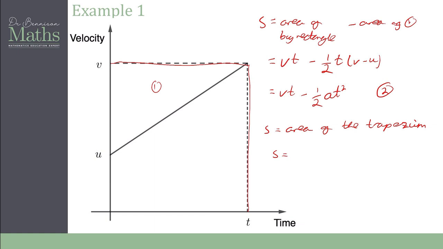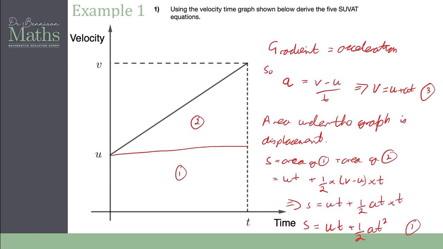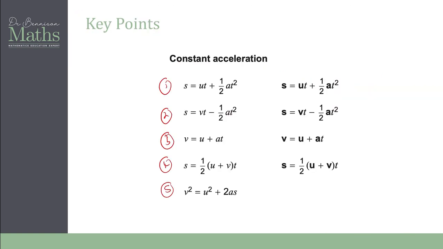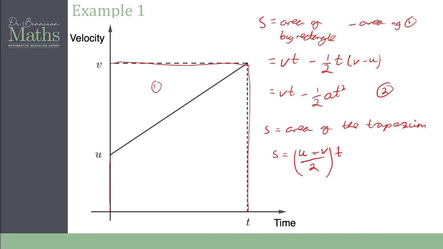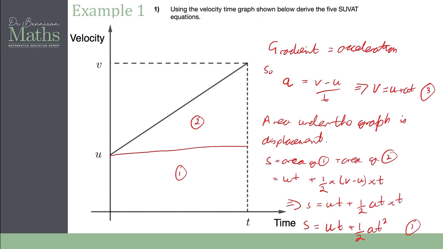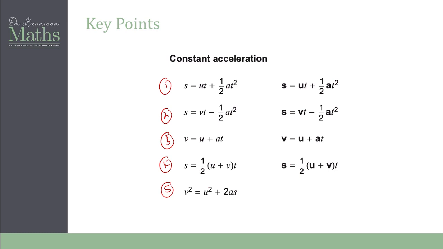Well, I've got one side of length u, and one side of length v, but over 2, so it's the average of those, times by the height of the trapezium, which is t. So that's equation 4. Well, I could just write that as a half u plus v times t.